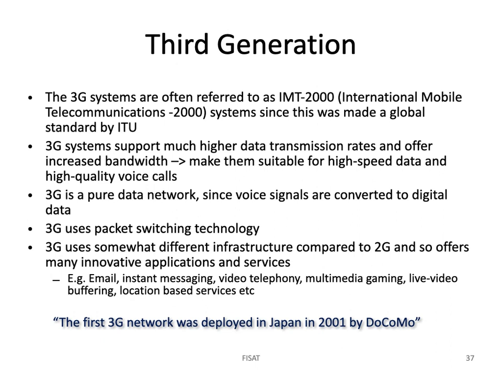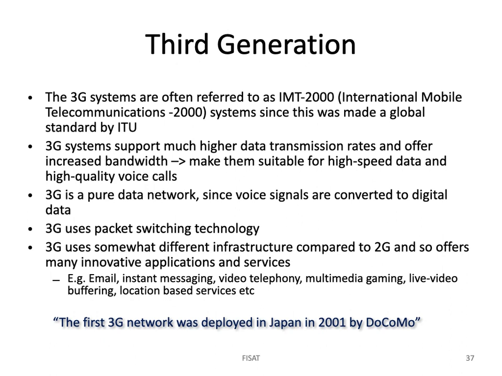By using packet switching, the original technology was improved to allow speeds of up to 14 megabits per second. It used a wideband wireless network that increased clarity. The 3G systems are often referred to as IMT-2000, that is International Mobile Telecommunications 2000 system, since this was made a global standard by ITU.